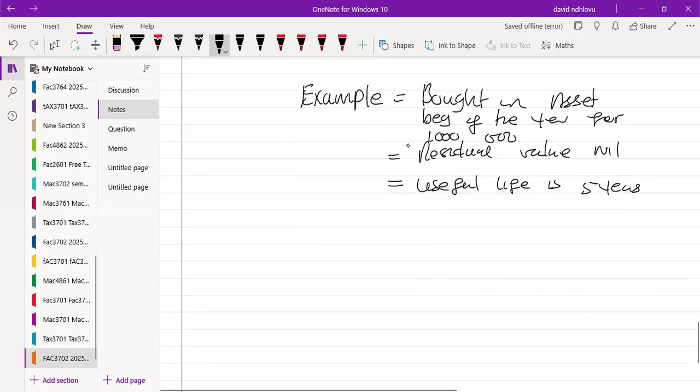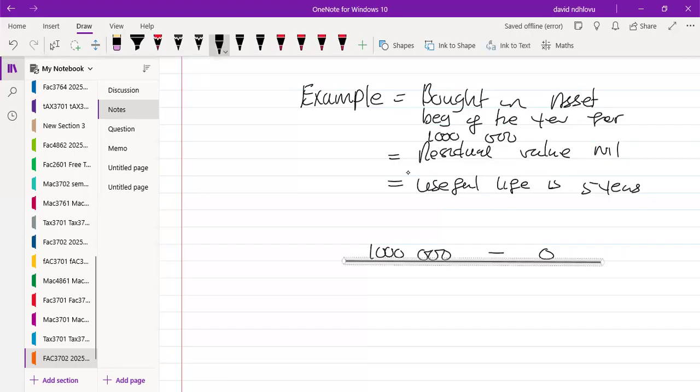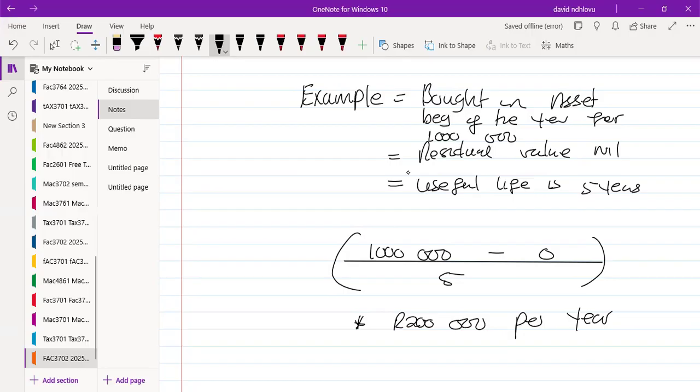When I want to calculate my depreciation, I will ask, what is the cost price? 1 million. What is the residual value? 0. What is the remaining useful life, or the initial useful life of the asset? 5 years. So which means we are going to get how much? If we divide there, we're going to get 200,000, which is depreciation per annum.